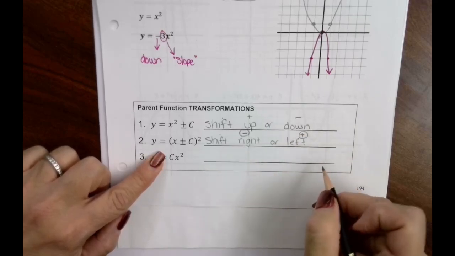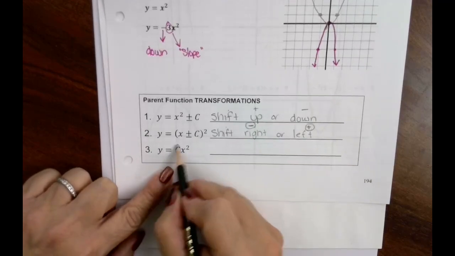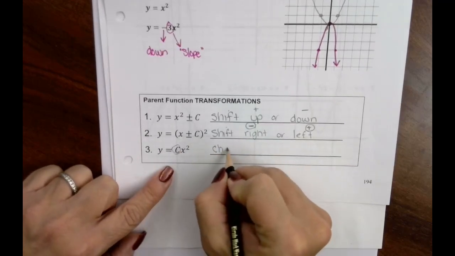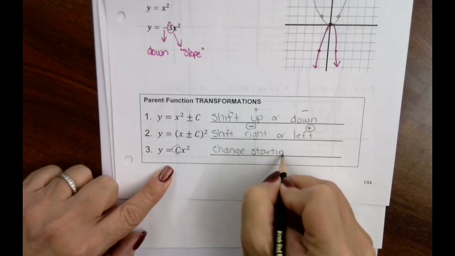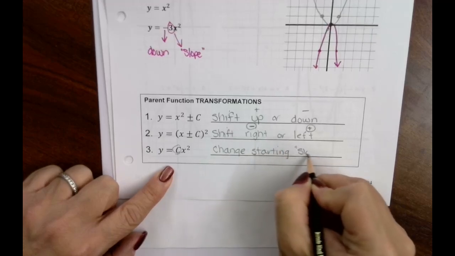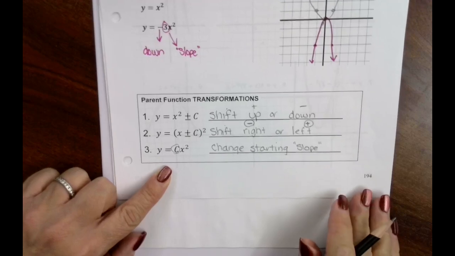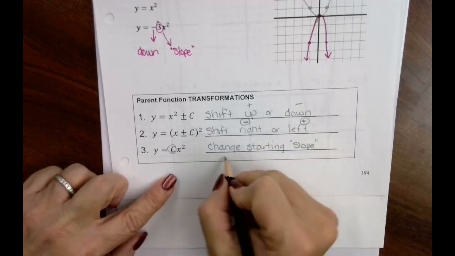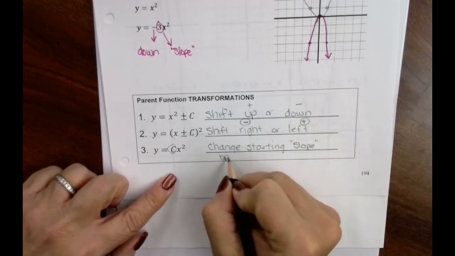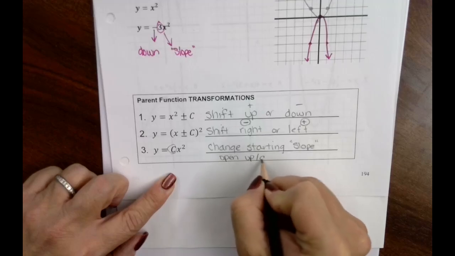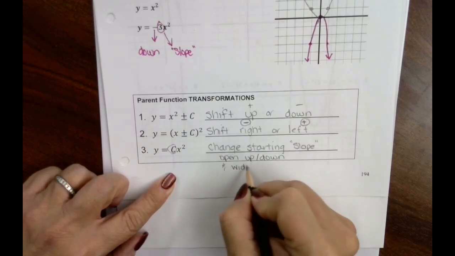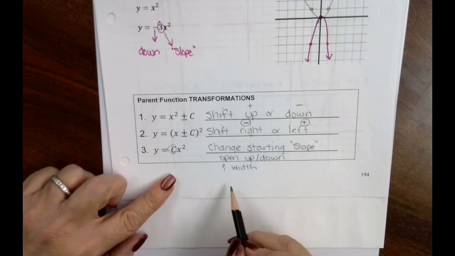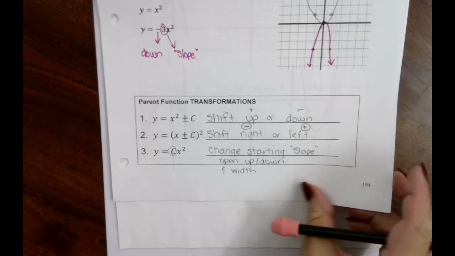Remember, it's opposite of what we think. And this is going to be a change in our starting, I'm going to just say slope, even though it's not slope. All right, so our starting value. And this is going to affect if we open up, down, and the width. Is it going to be wide or is it going to be narrow?